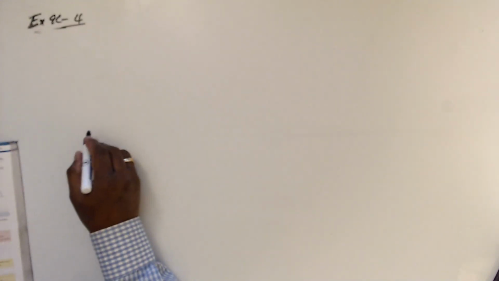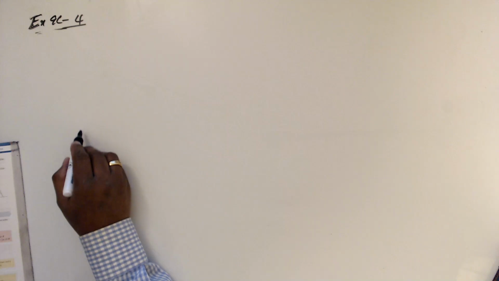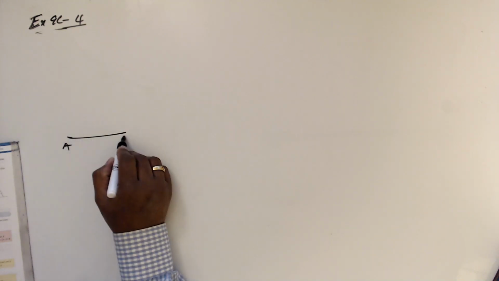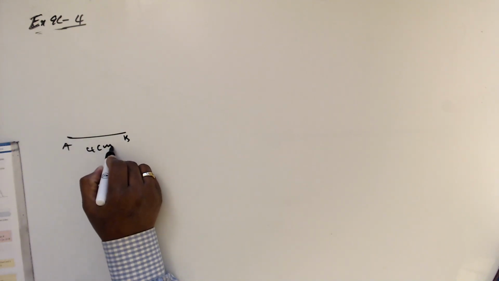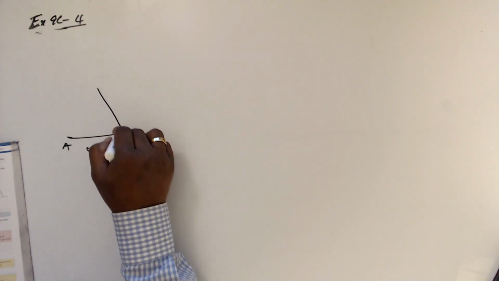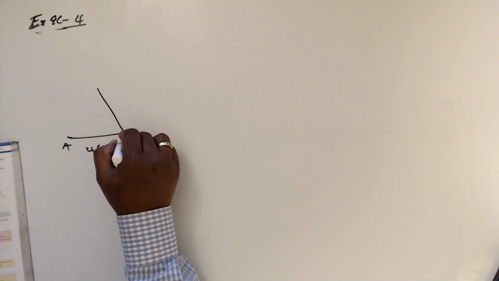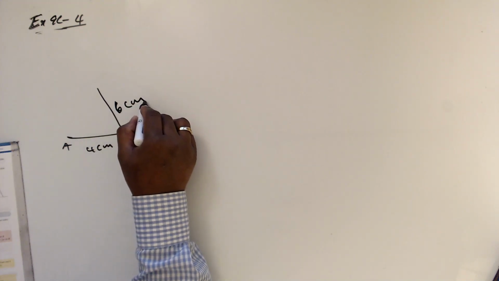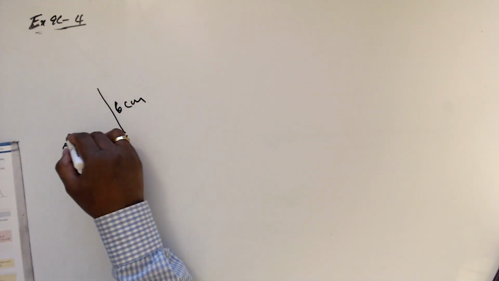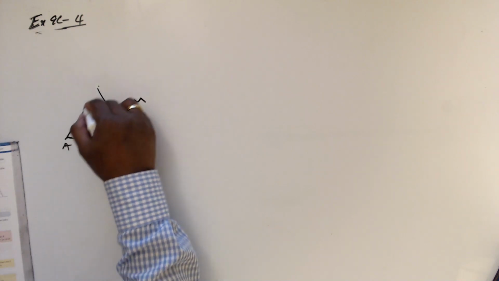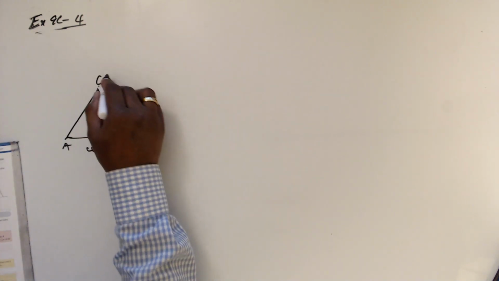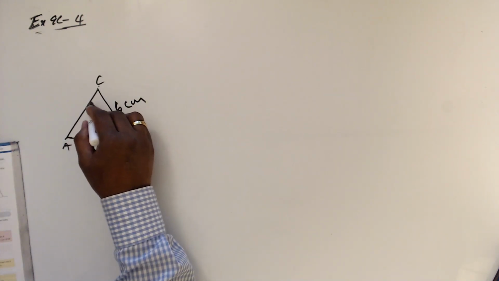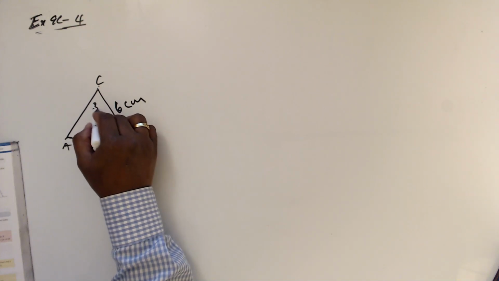Question number 4. So just to get an idea, AB is 4 centimeter and BC is 6 centimeter and ACB is 36.